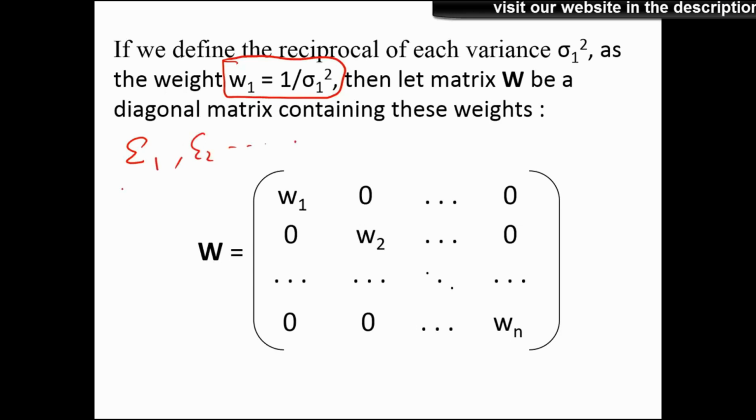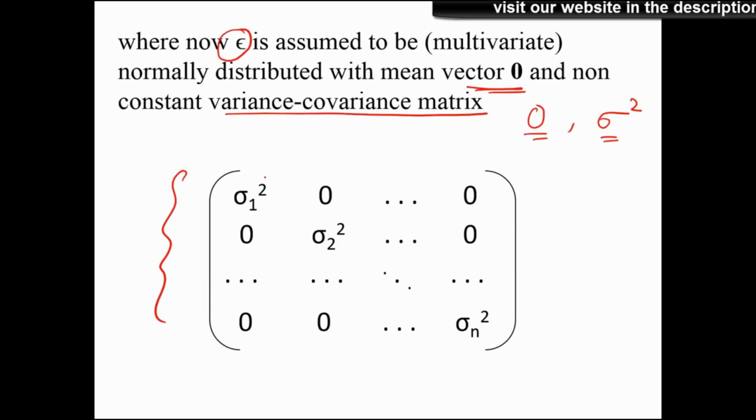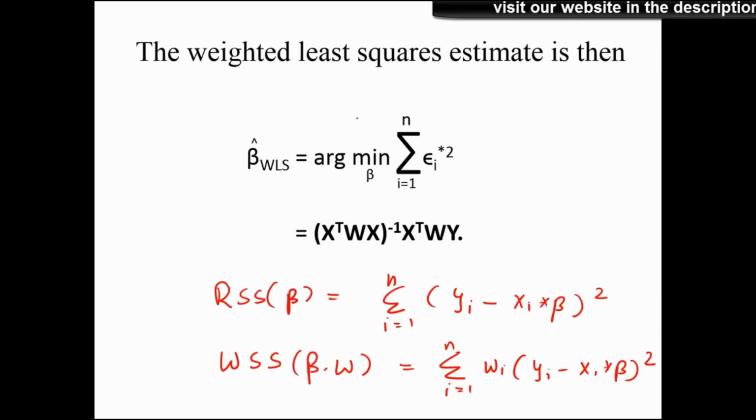So we define weight 1 as 1 by sigma 1 square. Sigma is what we have defined here. This is sigma 2, and so on. So this is nothing but the variance of the error terms. The covariances, of course, are all 0 for the errors.